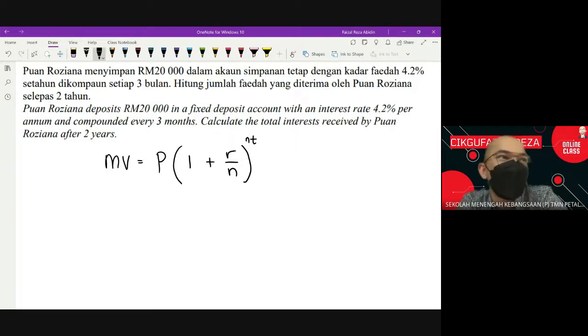This is the formula. No need to remember, the formula will be given to you, but you must know how to substitute.